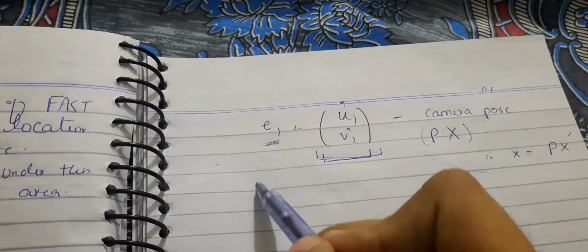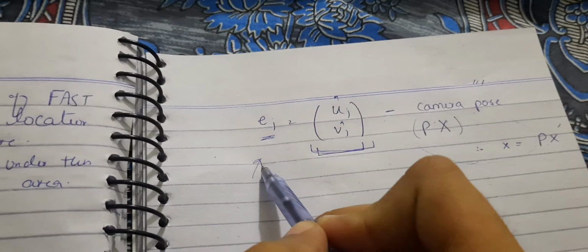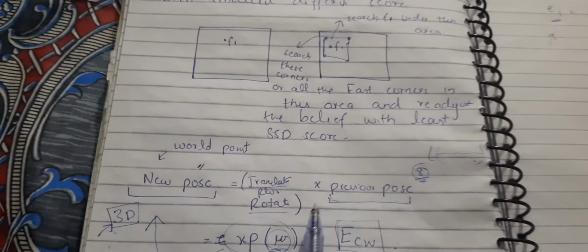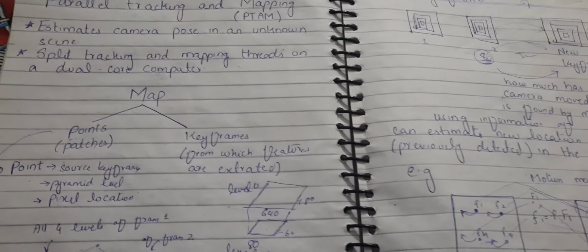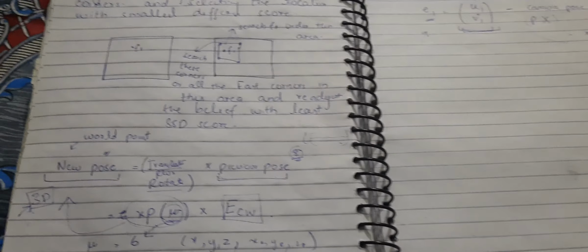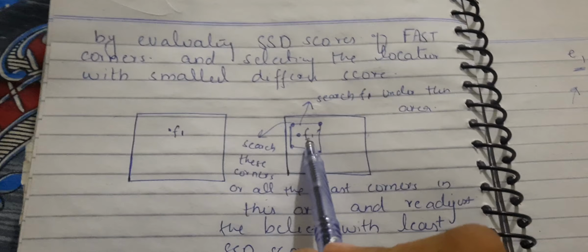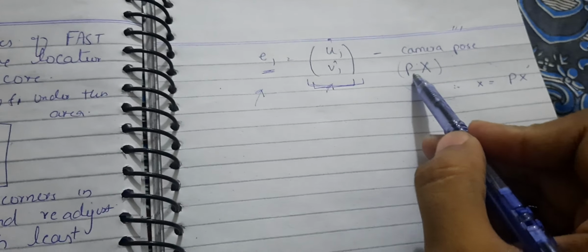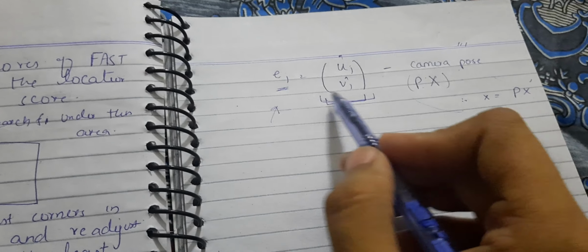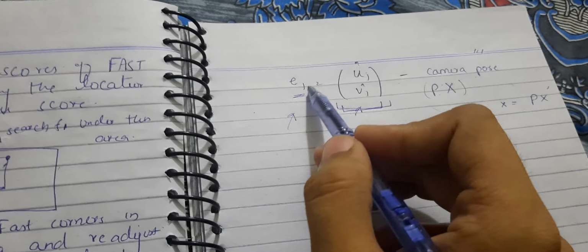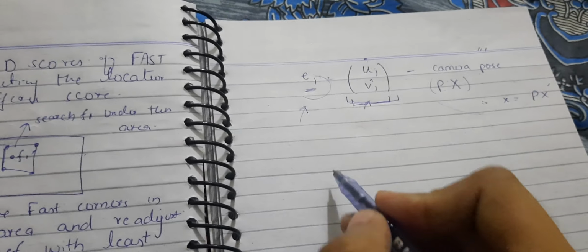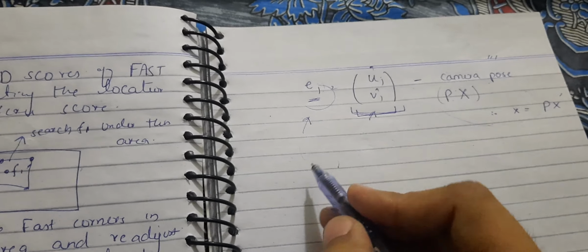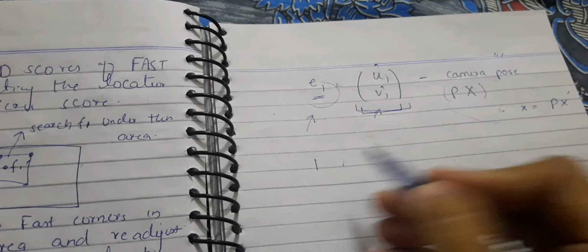This is called the reprojection error, and this is how you update your pose as well as the exact location of the feature. Obviously you know this one; now you calculate this one, and you try to minimize the distance between the two. This is called minimizing the reprojection error, and it comes under local bundle adjustment.